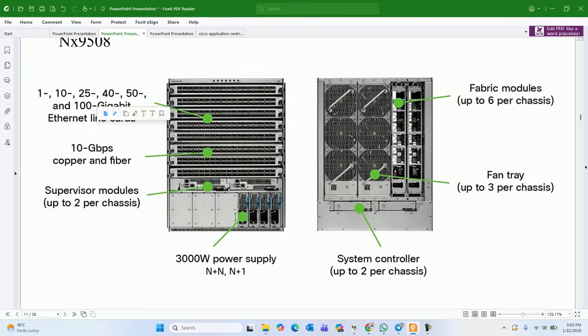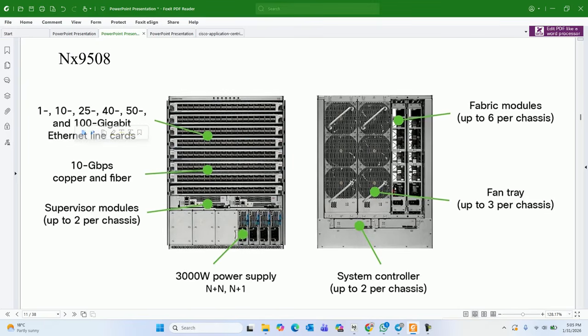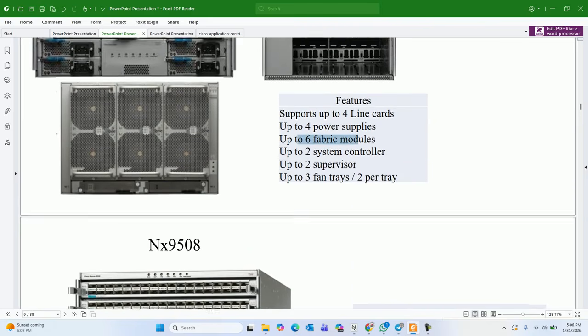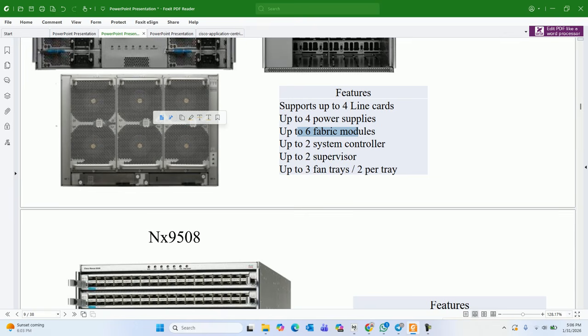Then Nexus 9508. So here we have the interfaces. Okay, let's come back to the information here. Then you have two system controllers and two supervisors. In the normal Nexus switches, you have a CPU, the central processing unit, which takes care of everything: the management related traffic, the power supplies, how much power is given to the switch, and manages everything.